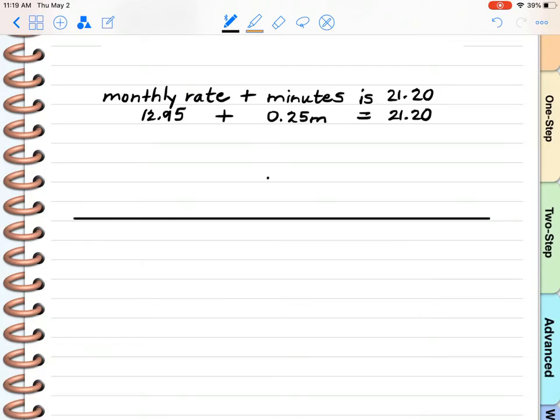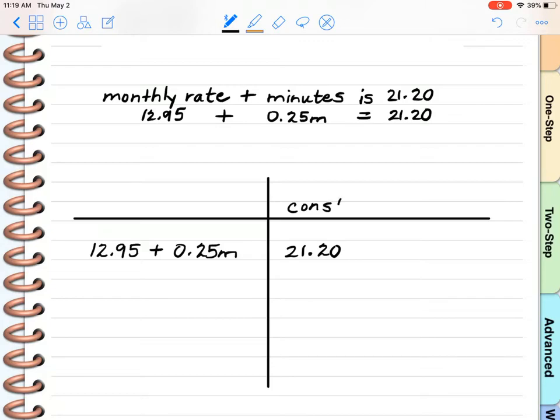So here's the frame, and here's the problem. The constant plus the variable is the total bill, another constant. So this is definitely the constant side, and this is the variable side.